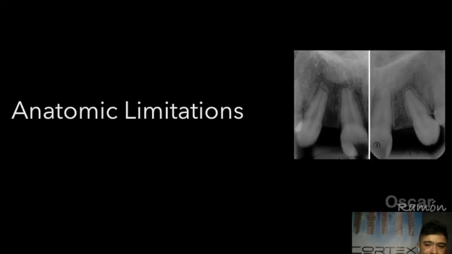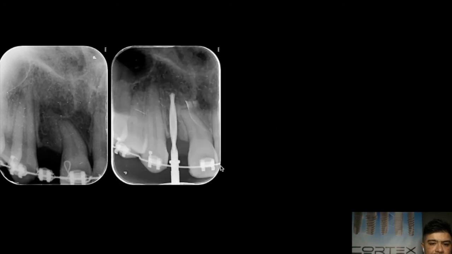Also, in the upper lateral incisor area, you have some anatomic situations. Actually, when you have agenesia of these teeth, the inclination of the root sometimes makes it difficult to insert the implant. You can see here the shape of this root, very difficult.